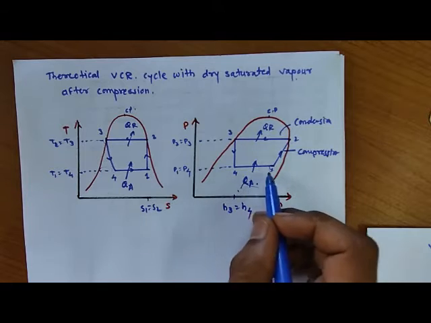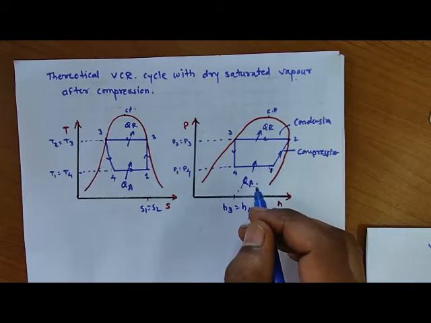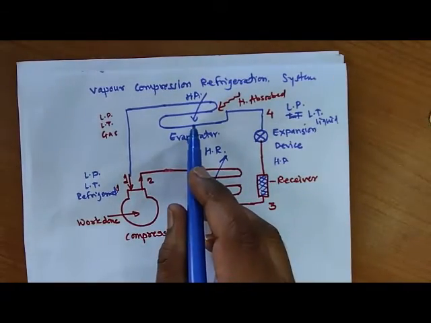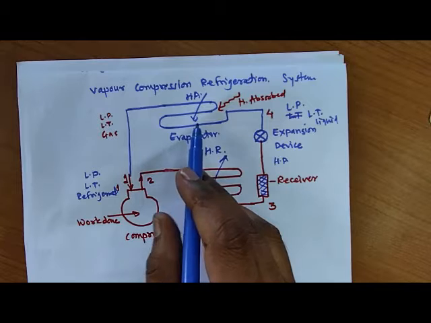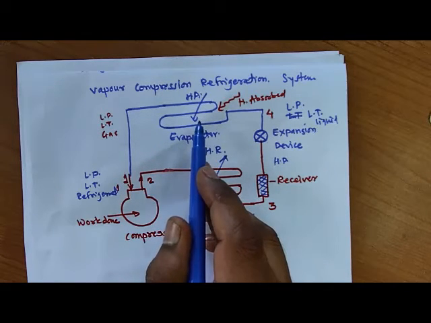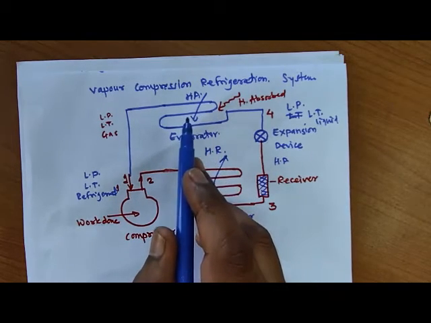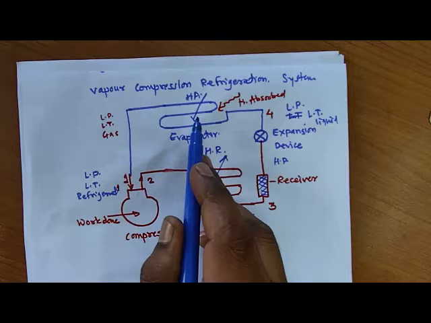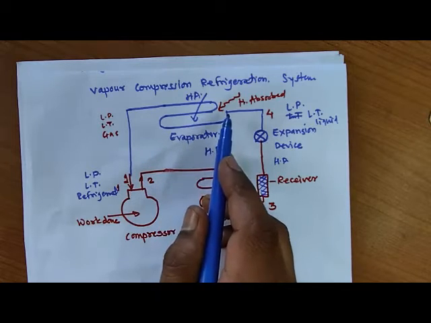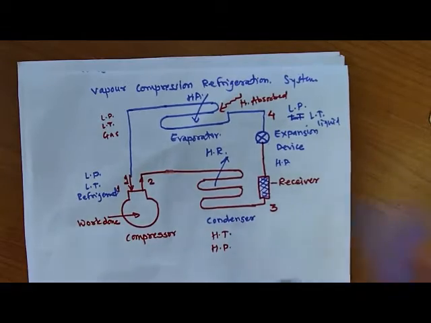Now the process 4 to 1. The process 4 to 1 is represented as the evaporator process or the evaporation process here. Okay, so in that what will happen? The refrigerant absorbs its latent heat of evaporation from the surrounding medium, and change of phase takes place. So that's why liquid refrigerant will be converted into gas refrigerant. But in actual what will happen here?